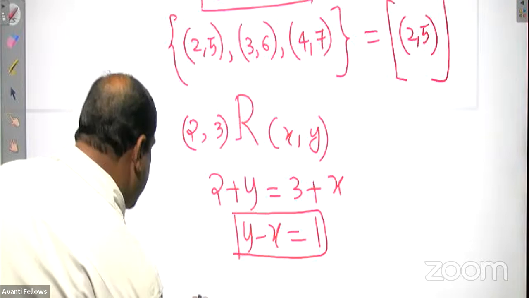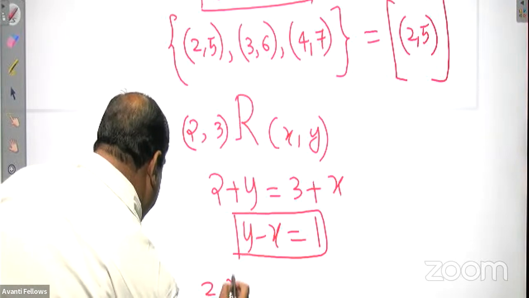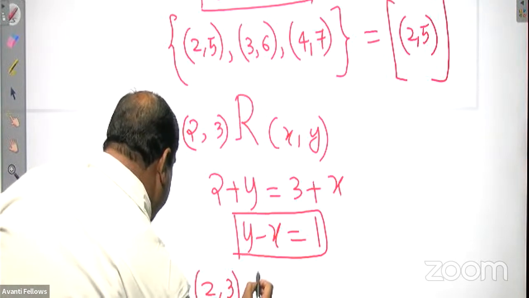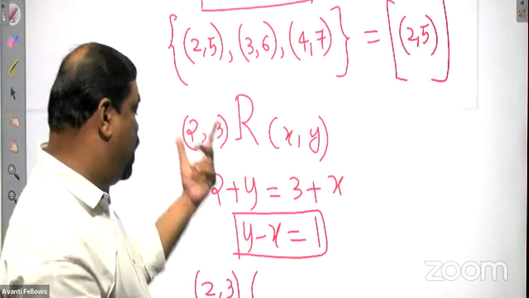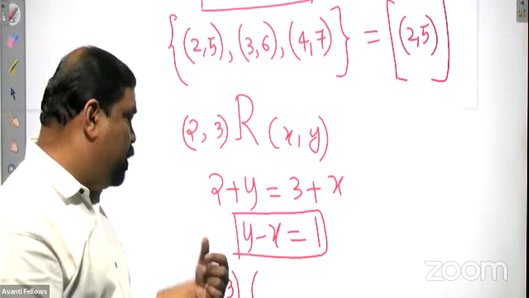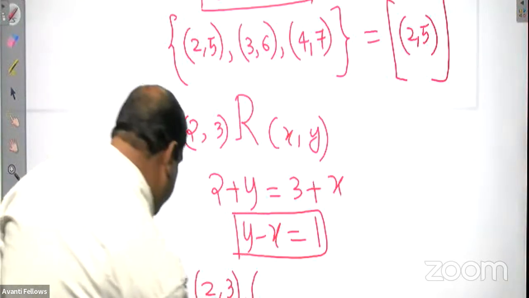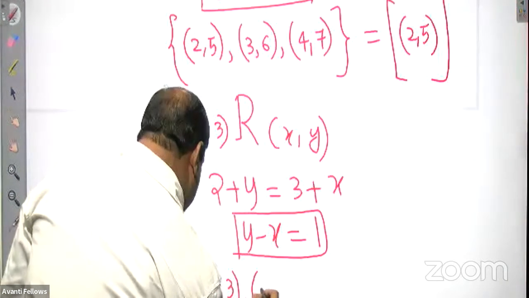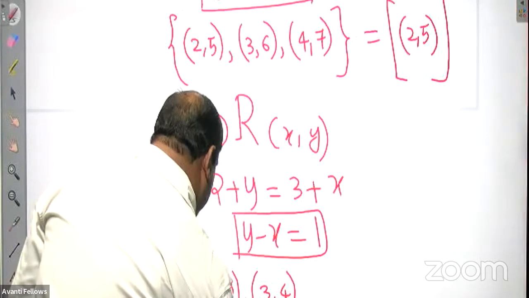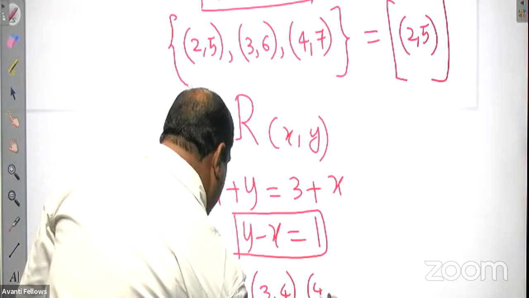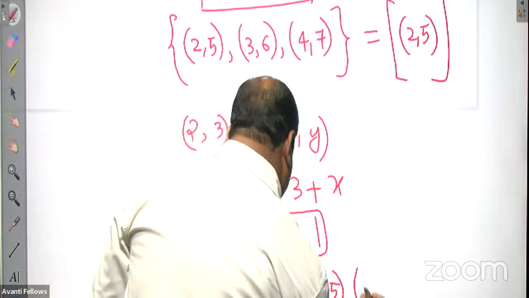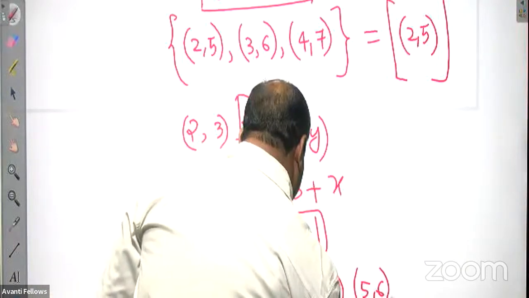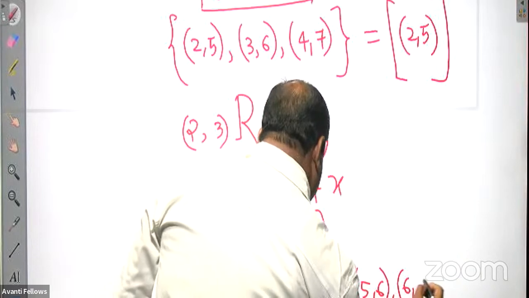So one element is (2, 3), already given. If the question is like this, write the equivalence class containing (2, 3), then we have to do like this. (2, 3), then (3, 4), then (4, 5), then (5, 6), then (6, 7).